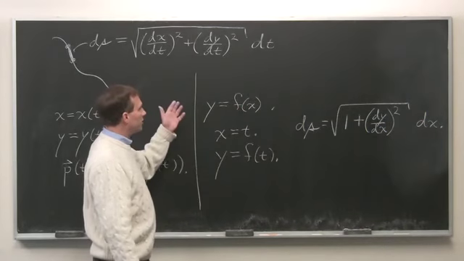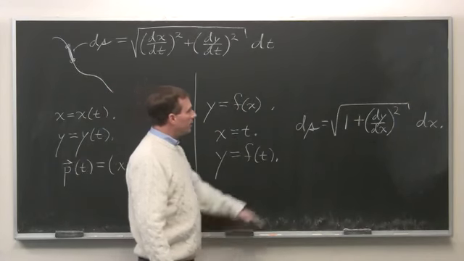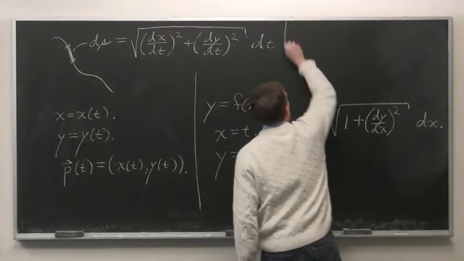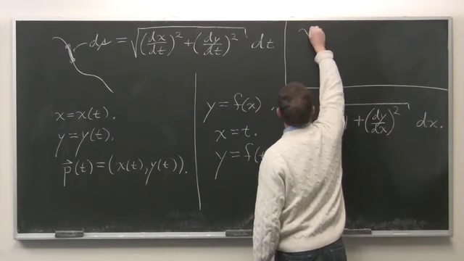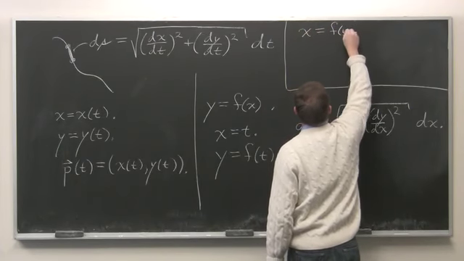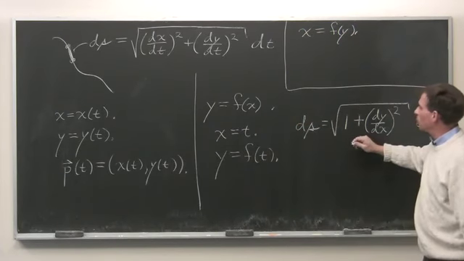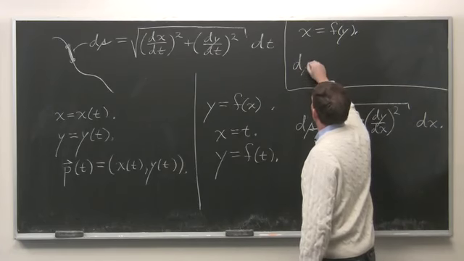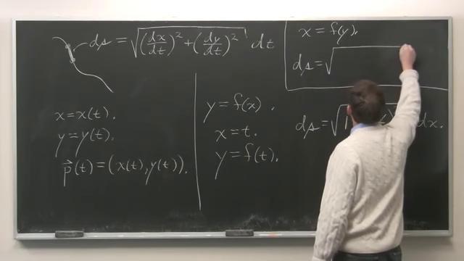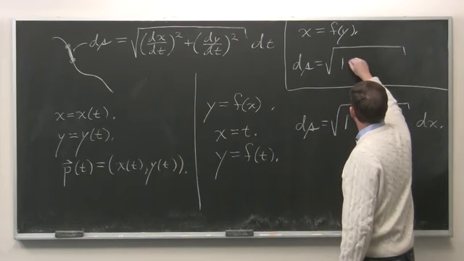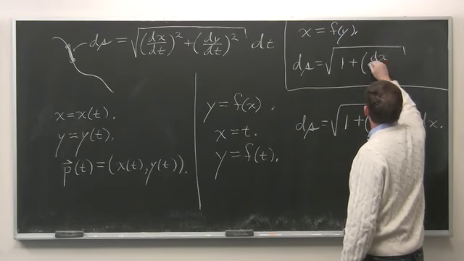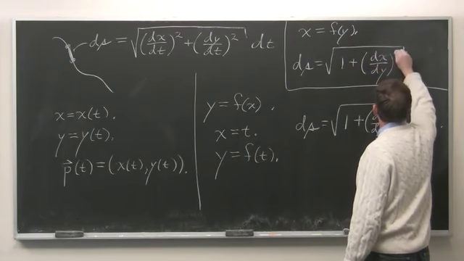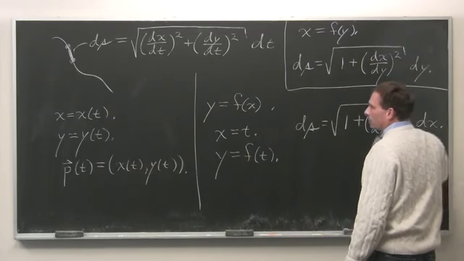On the other hand, if you're given x as a function of y, then we had one last form. By just switching all the x's and y's, little pieces of arc length are given by the square root of 1 plus dx dy squared times dy.